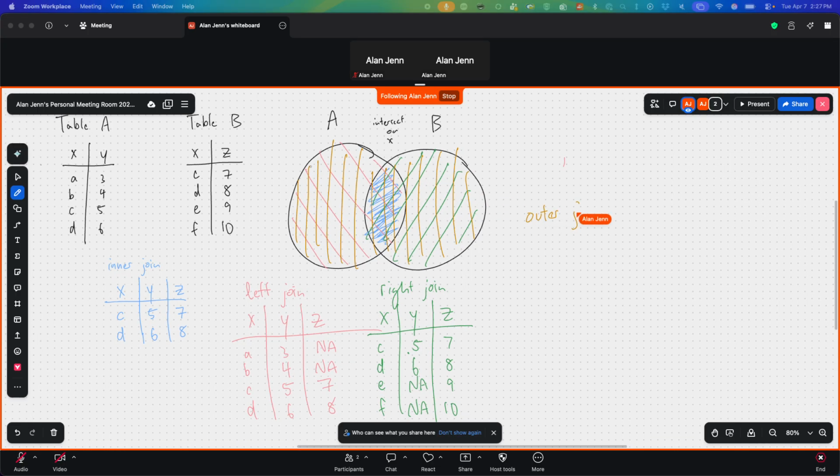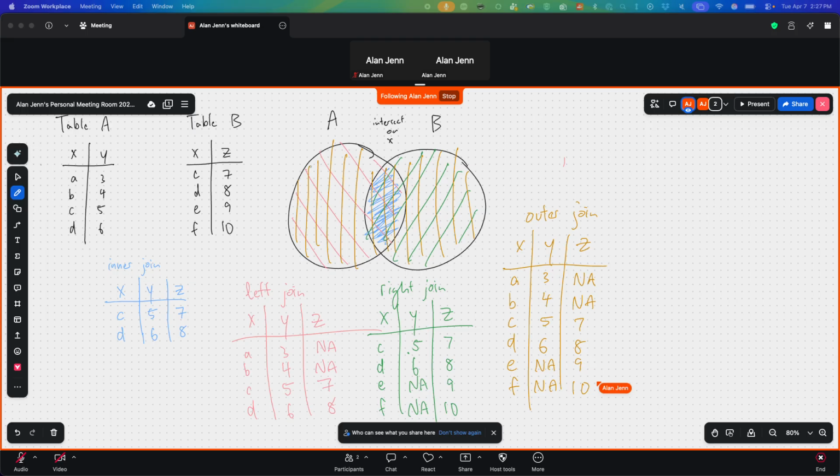So outer join will look something like this: X, Y, Z. And I will have A, B, C, D, E, F in my X. In my Y, I will have 3, 4, 5, 6, followed by NA and NA. And in my Z, I'll start with my NAs here, and then 7, 8, 9, 10. Okay?